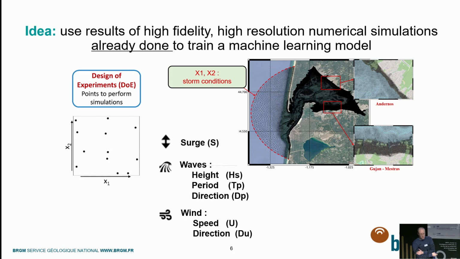That's the storm conditions offshore on that kind of boundary that you can see there. So I have a lot of conditions which define a storm, which define the input of the numerical model I showed you before. And just a remark, we can have information from Météo France, from their regional early warning system, about the storm conditions offshore.